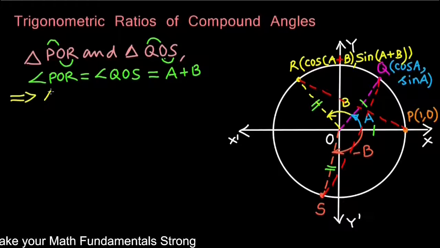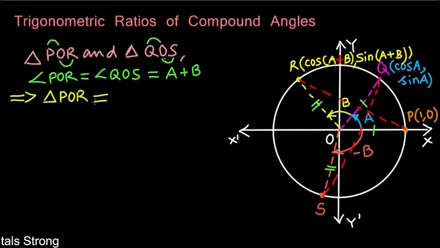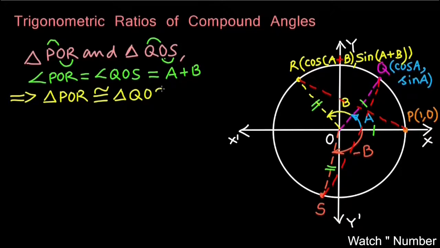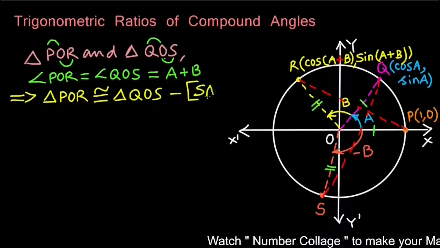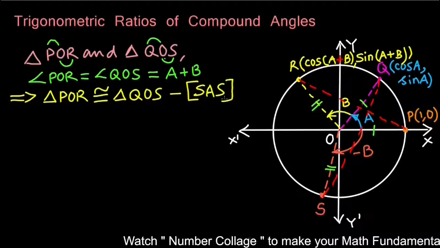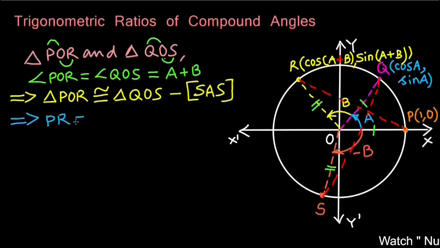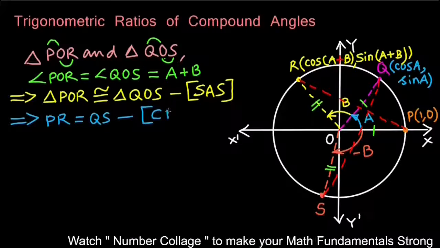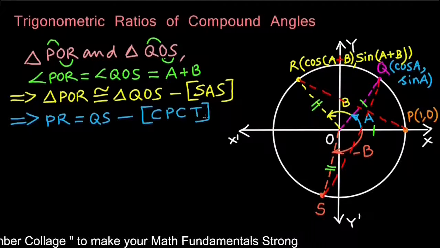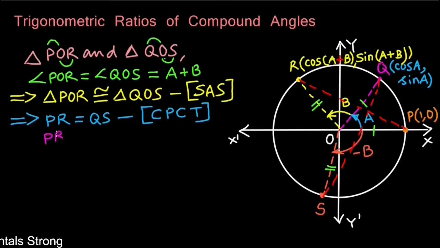Therefore, triangle POR becomes congruent to triangle QOS by SAS test of congruency, which also implies that PR equals QS, congruent parts of congruent triangles. This we can write as PR square equals QS square.